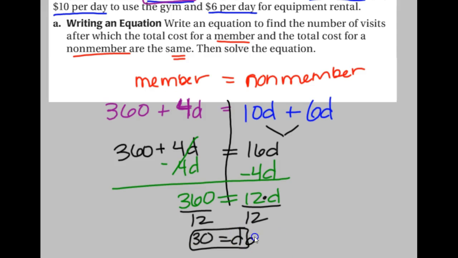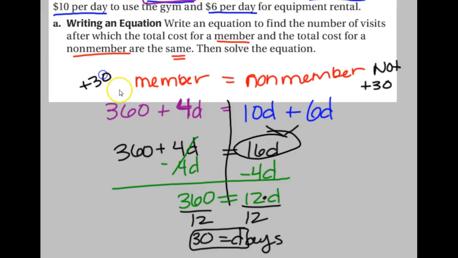So d would be 30 days. After 30 days, the cost for a member and the cost of a non-member would be the same. So if you go more than 30 days, this would not be a good deal because you're going to end up paying really $16 extra per day. Or if you go more than 30 days here, it'll only cost you $4 per day.